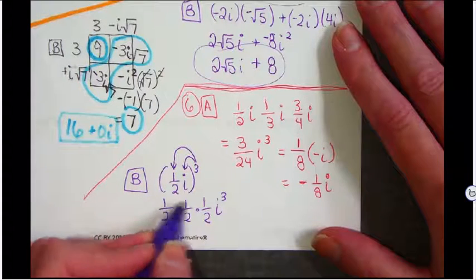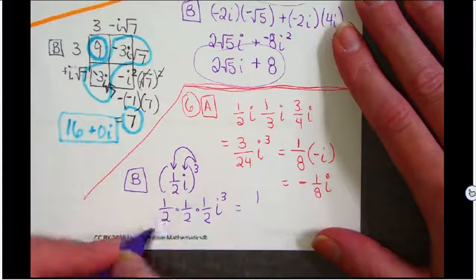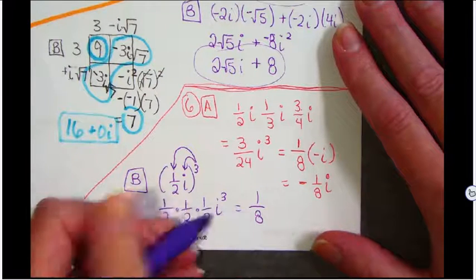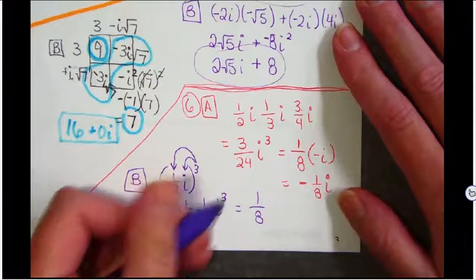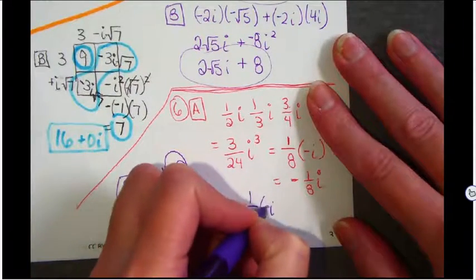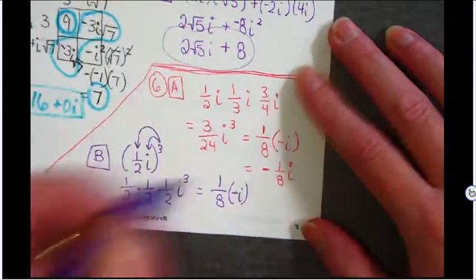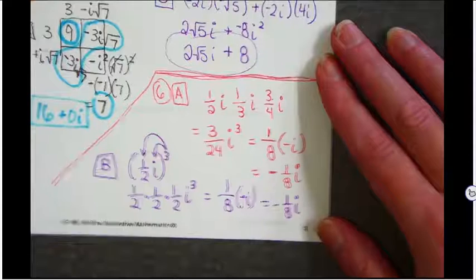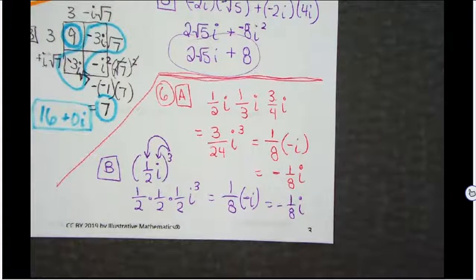Multiplying straight across, 1 times 1 times 1 equals 1. 2 times 2 equals 4 times 2 equals 8. i to the third is still a negative i. And we also get negative 1/8 i. So all of our values have matched up from partner A and partner B.